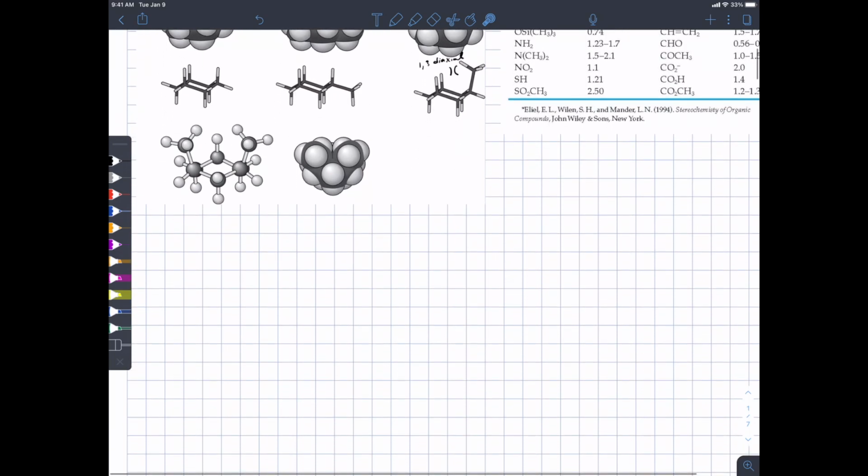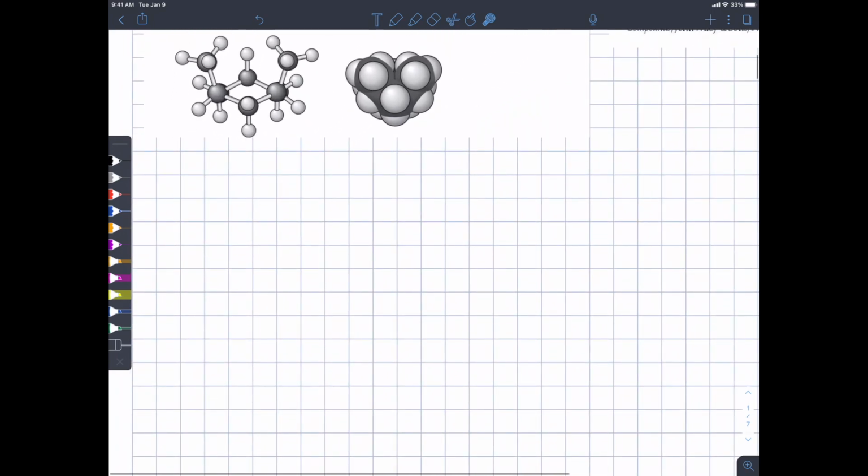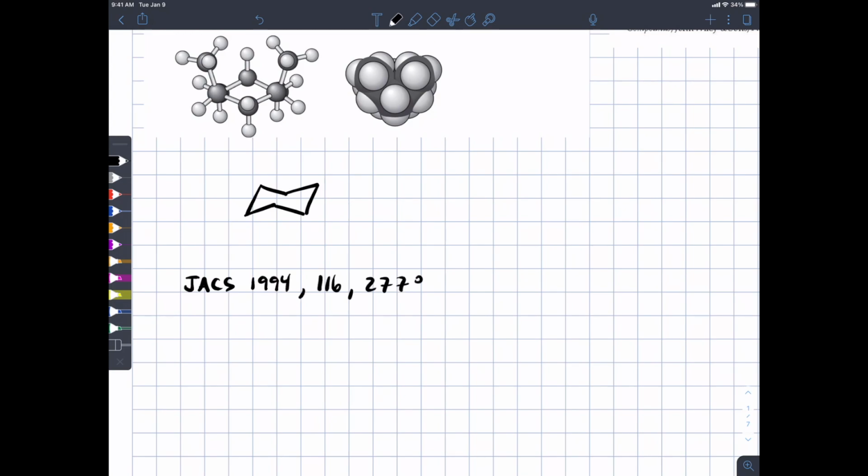Some people have done some creative things with cyclohexane rings to measure strengths of non-covalent interactions. As an example, Eric Anslyn, who is one of the authors of your text, published this in JACS in the 90s. And he was interested in the strength of hydrogen bonds. And so he took this substituted cyclohexane. Oops, sorry.